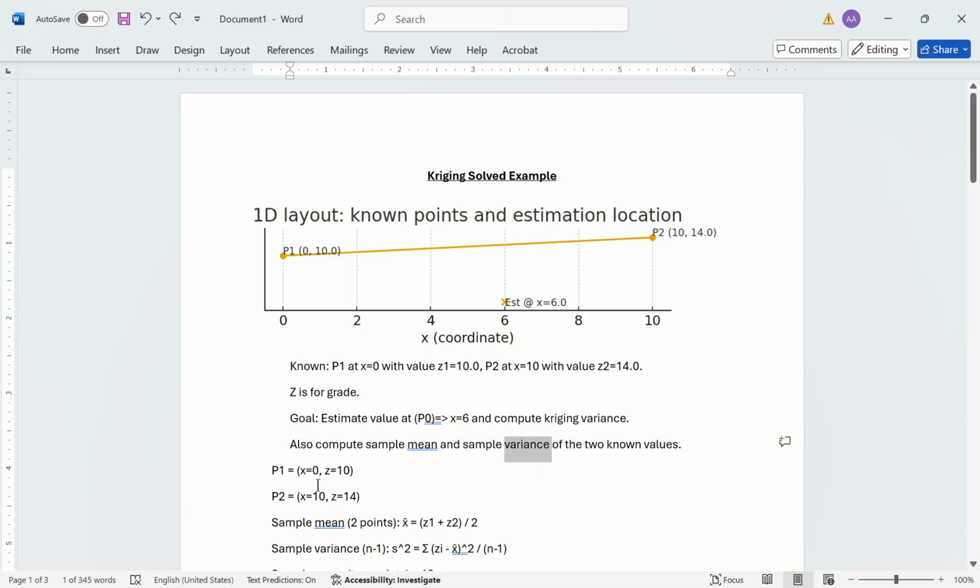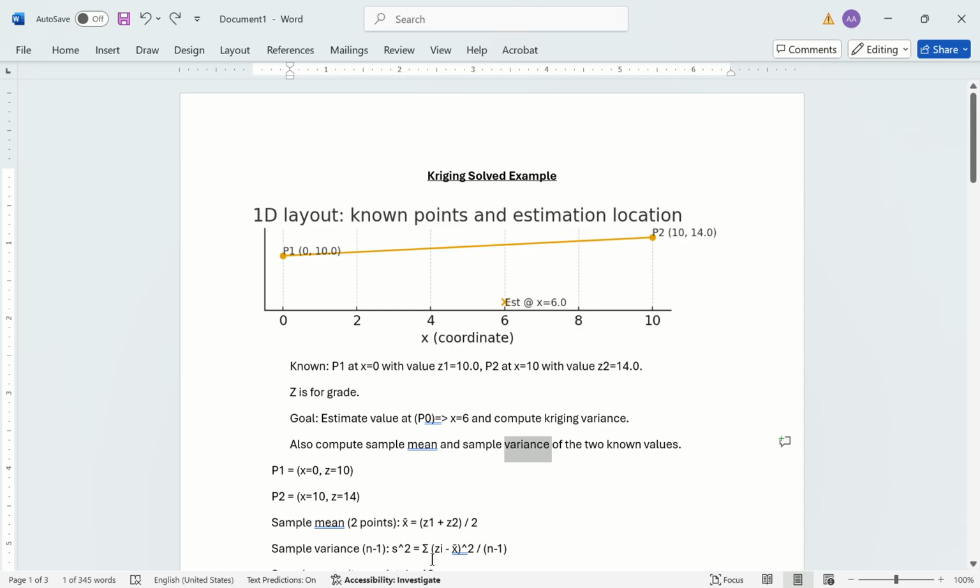So the mean and variance is how we are going to find that out. Point 1 at x0 with z, point 2 with its distance and grade, then the sample mean. Mean is simple, z1 plus z2 divided by 2, as we have only 2 points. The third one is unknown, so we are not going to include it. And then we have the variance formula for sample variance, with n-1, and for population variance we take n instead of n-1.